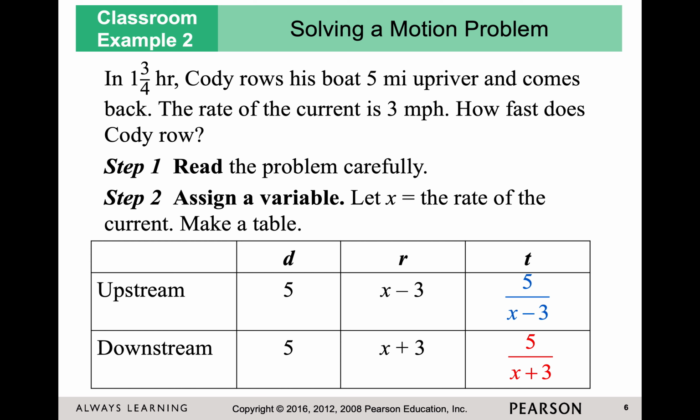That's why it's x minus 3, because whatever your speed is, you're losing 3 miles per hour to that current rate. So that distance is rate over time, so I get 5 over x minus 3. Now on the way back, the current is working in his favor and it's adding 3 miles an hour to his speed because he's going with the current. So that would be 5 over x plus 3.